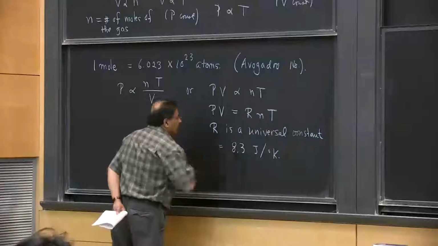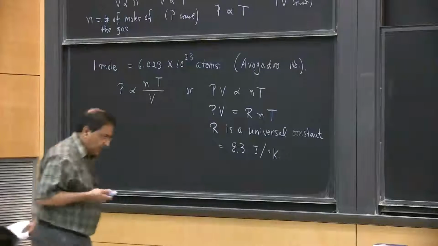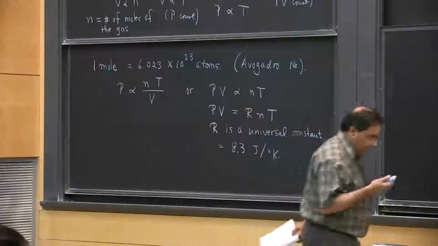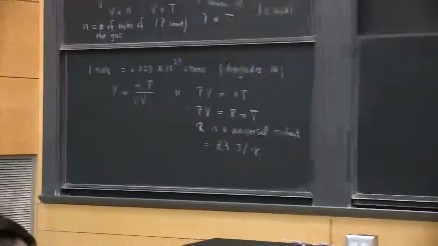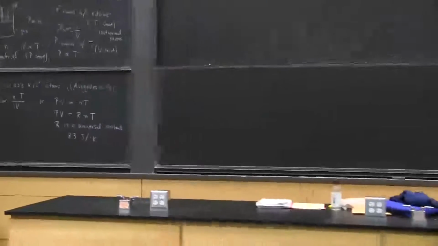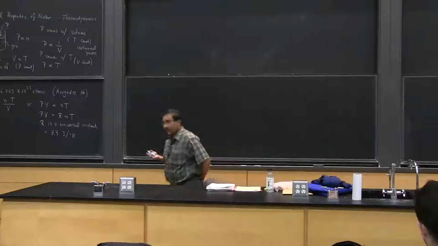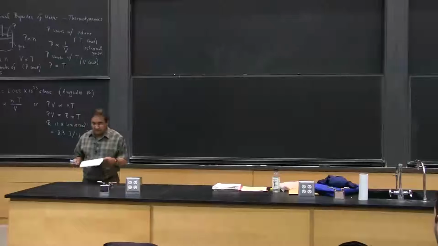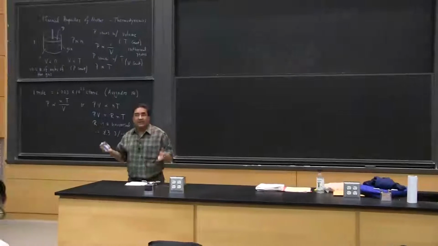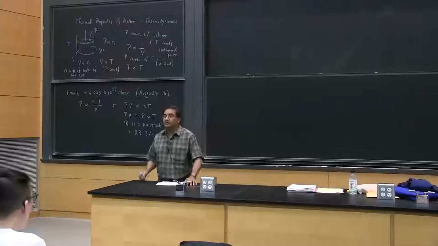Now, why did I do this? Why did I actually tell you this story of PV equals nRT? The reason is, at the simplest level, when we do thermodynamics, which essentially concerns behavior of bulk matter, okay? So by bulk matter, this can be steam, steam going to water, that would be a bulk matter going through a phase transition.